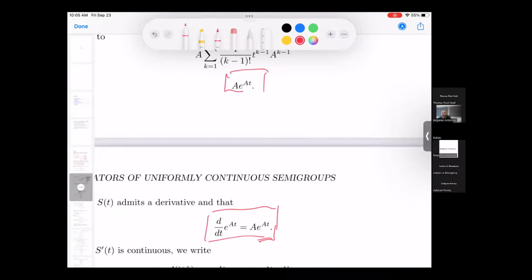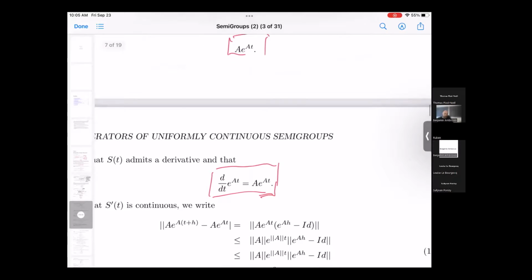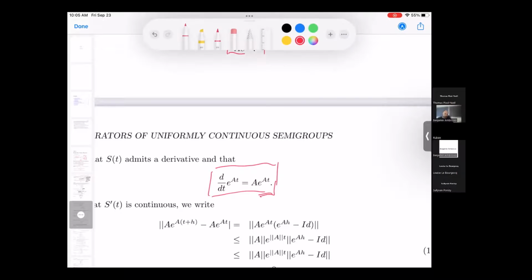All right, next we want to prove that in fact A exponential of At is continuous, so that S(t) is of class C1. To do so, again, I look at this quantity, in the operator norm. This one was missing, so I can put it now. I have all the things to do this computation, so I can put A exponential of At in front, and it remains that.